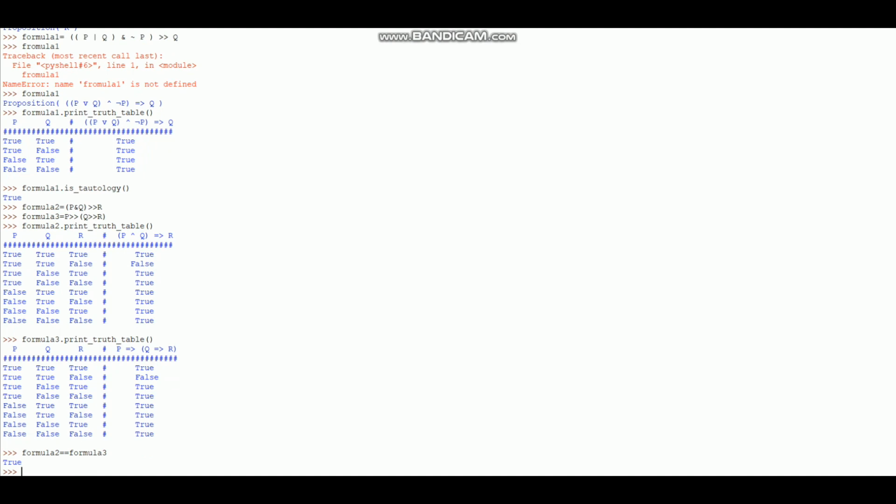And now we can also draw the truth tables of some functions like p or q dot print truth table.